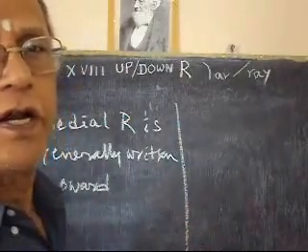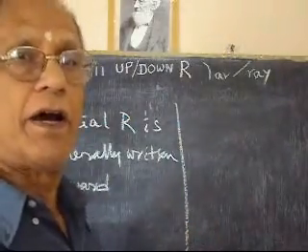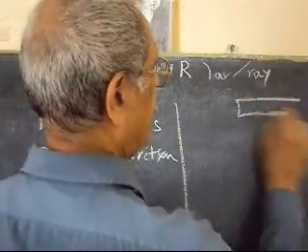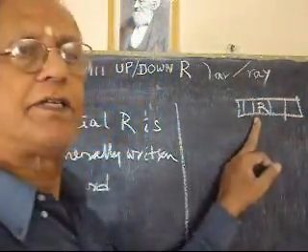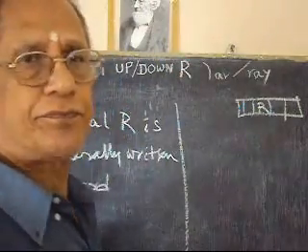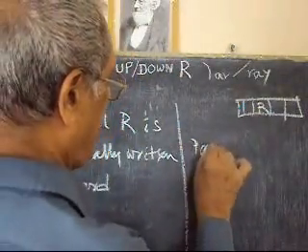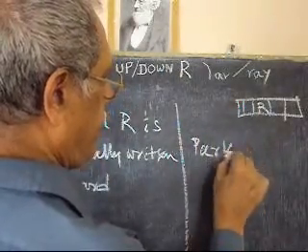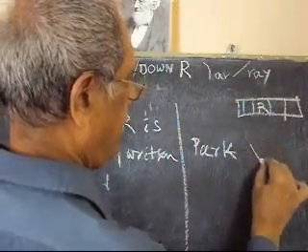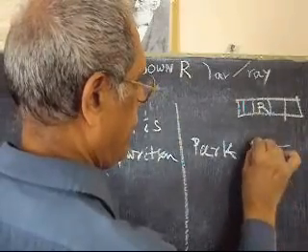Medial R is generally written upward. So, in a word, if R comes medially, it is generally written upward. Park. P, K. Park.